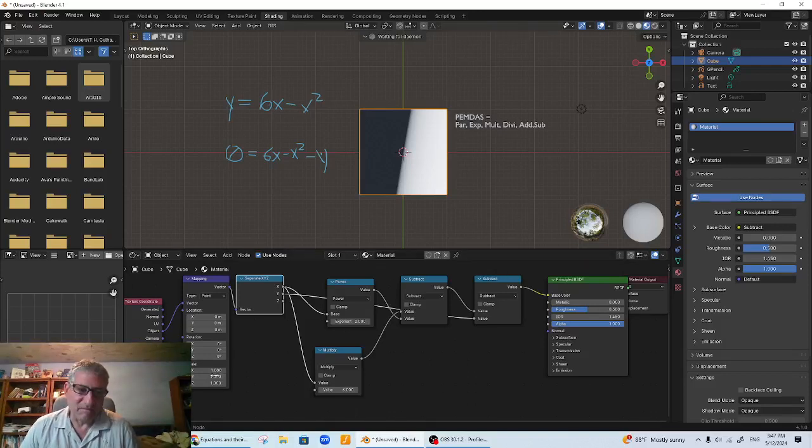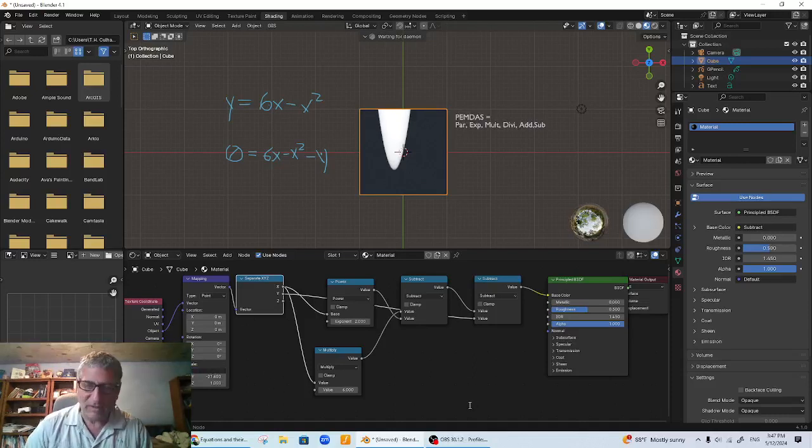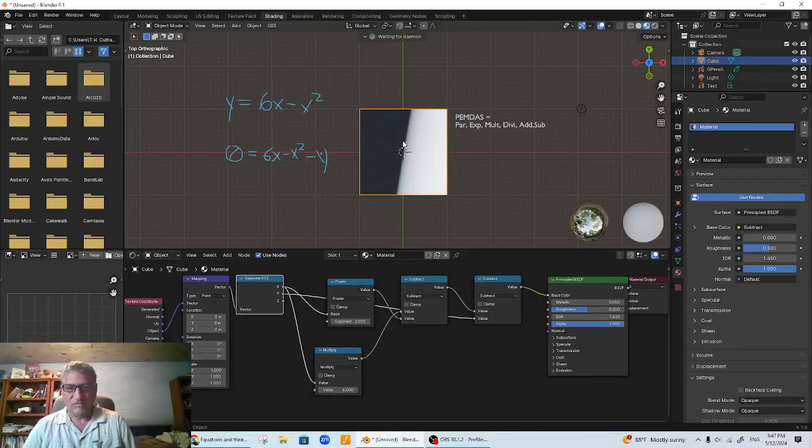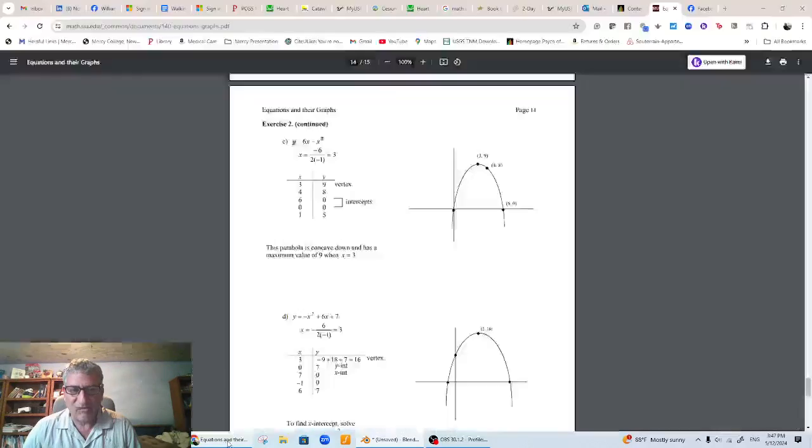Now, is that interesting? Let me see if I change the scales here. Aha, yes. So it's going to be deceptive if your scale is at 1 and you're like, well, I'm not seeing how that matches anything that I saw in my equation here. We're supposed to have a parabola that is negative, that starts at 3, 9 and goes down to 6, 0 on both sides.